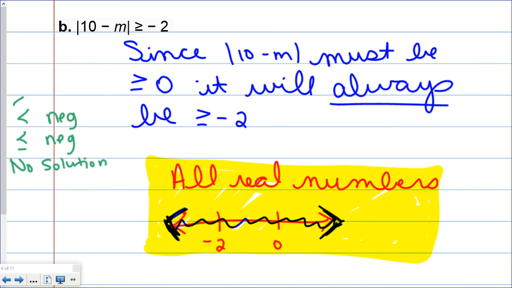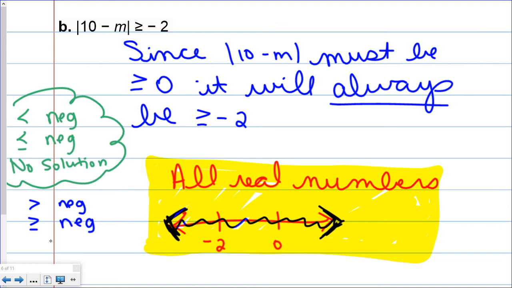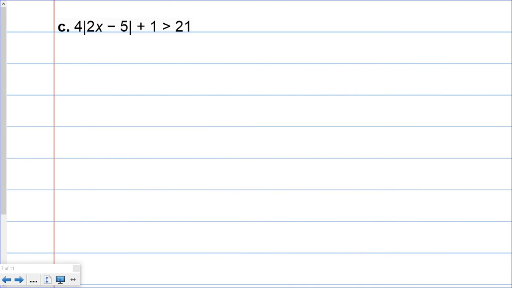But if we have greater than a negative or greater than or equal to a negative, it is all real numbers. So that little symbol there, if you're not aware, is the symbol for all real numbers. So just a couple of little notes there for you to refer back to.